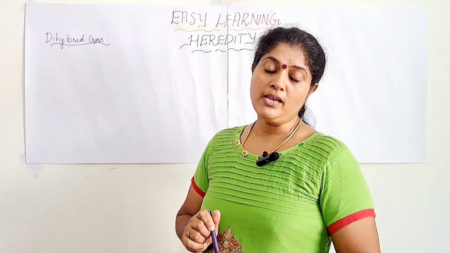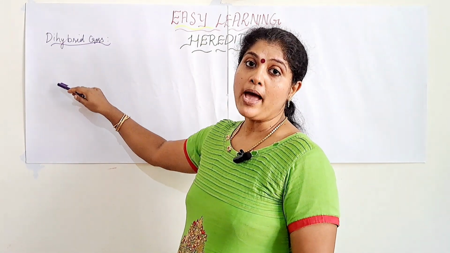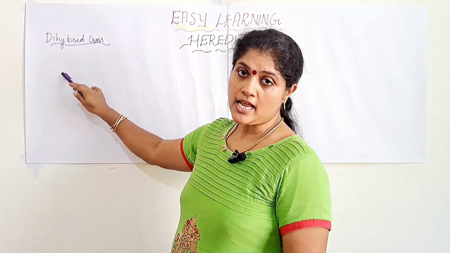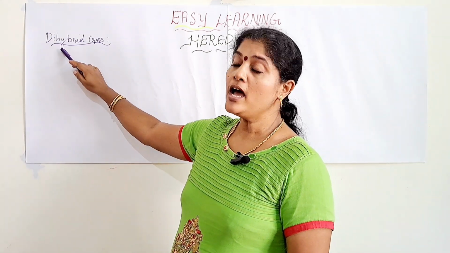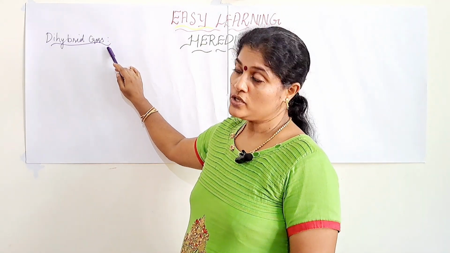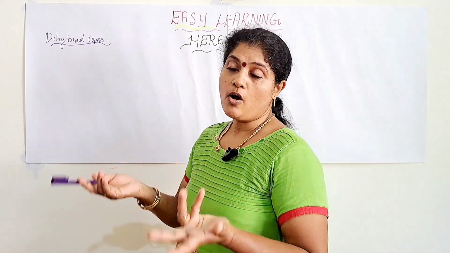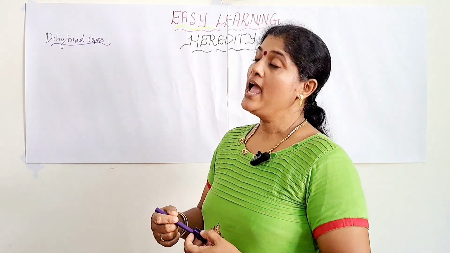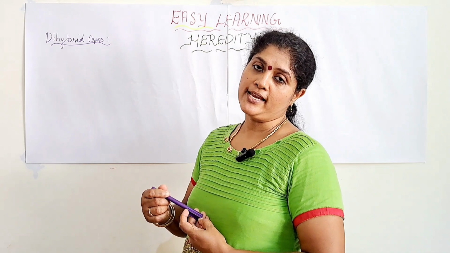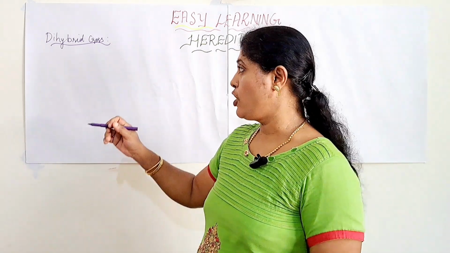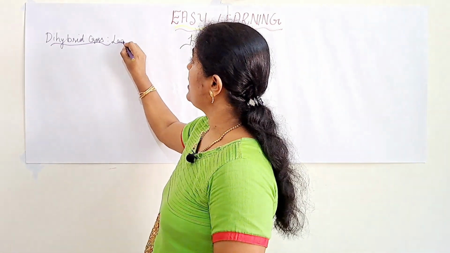After the completion of his experiment, he came to the conclusion that in the F1 generation he got only round and yellow seeds, but in the F2 generation he got 2 new characters other than the characters which he had taken in the cross. Those 2 new characters occurred separately or independently, which gave him the idea for the formation of the second law of inheritance, that is the law of independent assortment. So the second law of inheritance is known as the law of independent assortment.